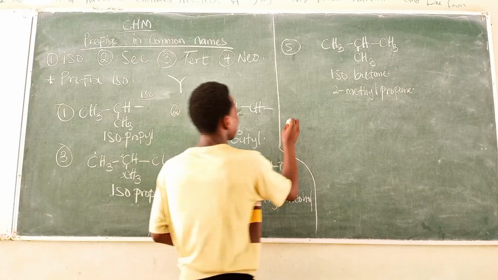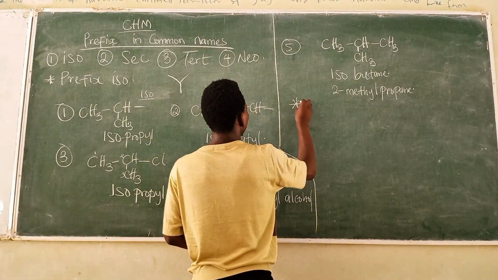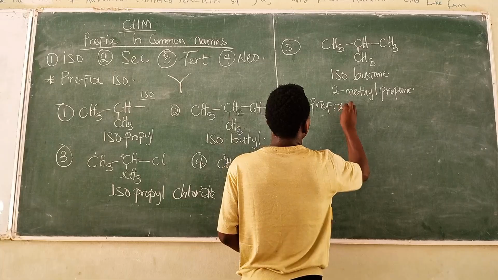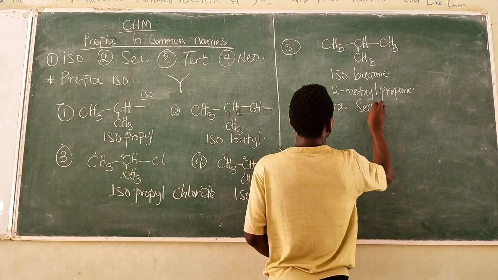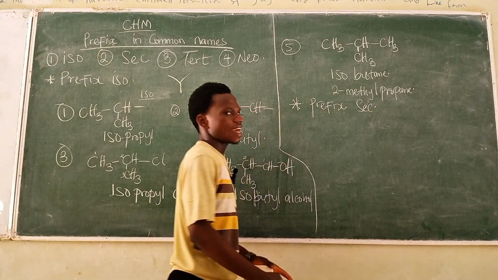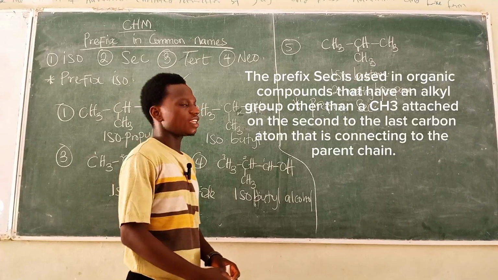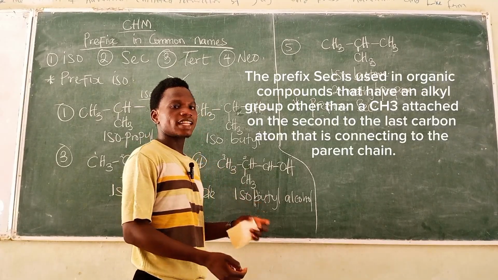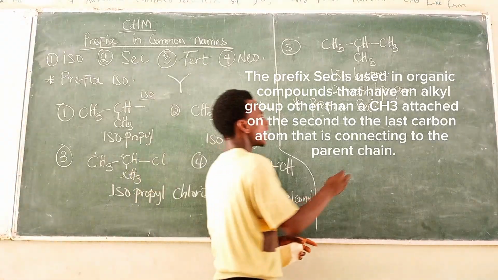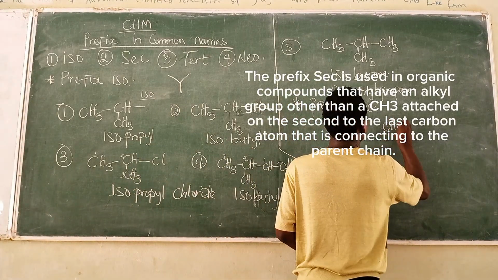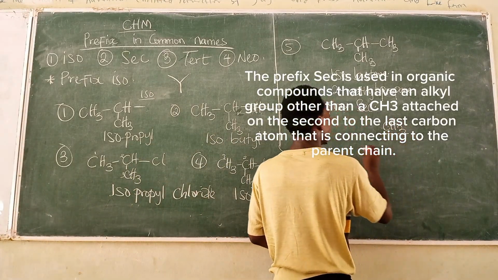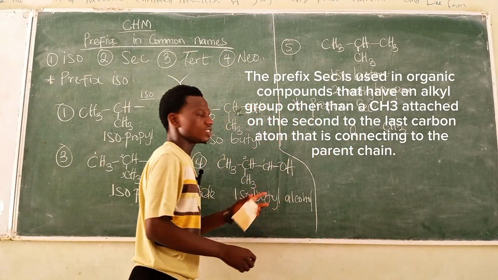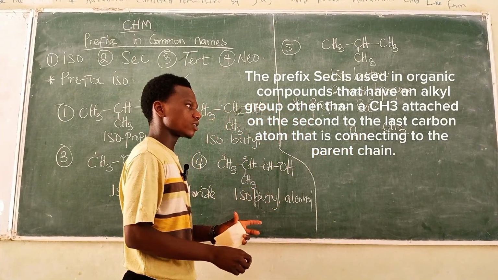Now let's look at how to name organic compounds using the prefix sec. The prefix sec is used in organic compounds that have an alkyl group other than a CH3, other than a methyl, attached to the second to the last carbon atom.